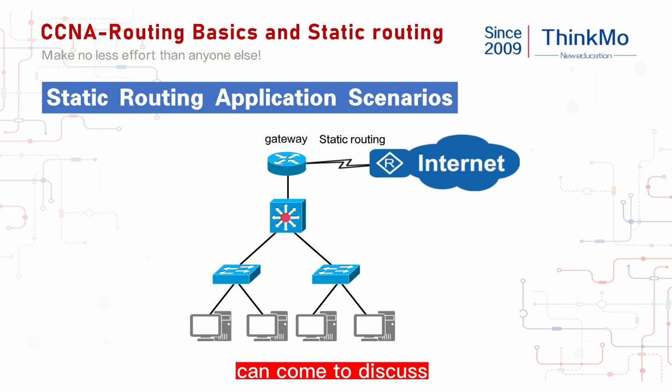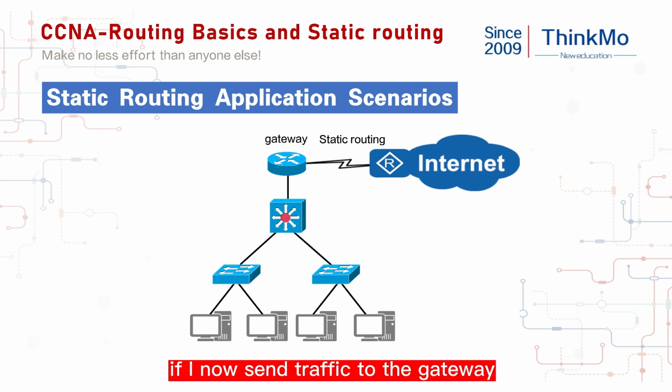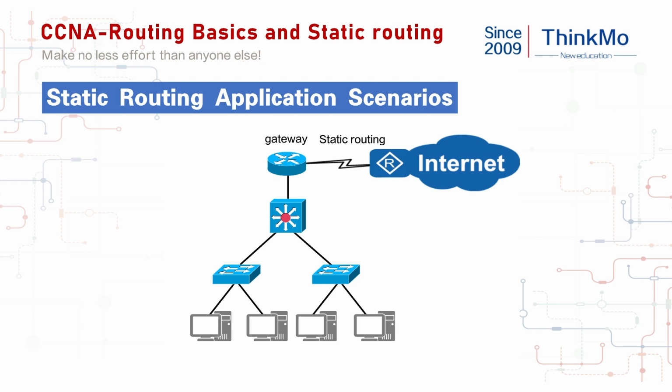Let's first look at this. This is the current terminal. Usually, the gateway is generally configured on a layer 3 switch. If I now send traffic to the gateway, to the egress device, and then the egress device to the operator, this is a process of flow. In the early stages of learning, this is the easiest thing to overlook.